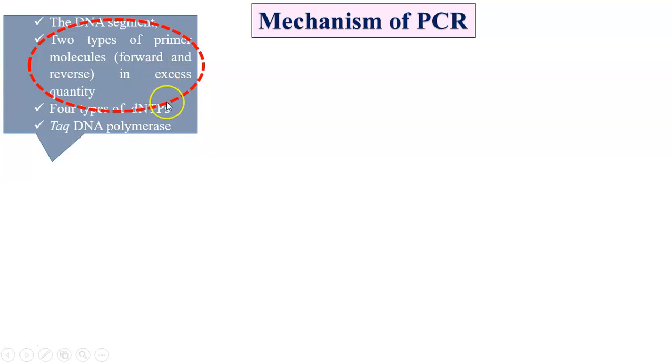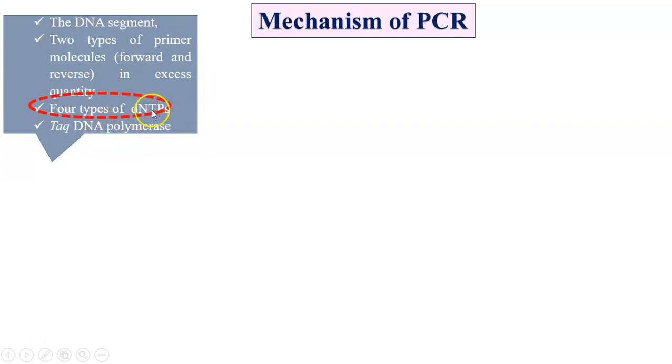They are complementary to the 3' end of the gene sequence to be amplified. They are of 2 types, forward and reverse. They are taken in excess quantity. They mark the region exactly to be amplified. Then there are deoxyribonucleotides.